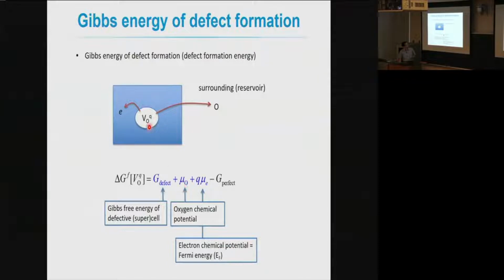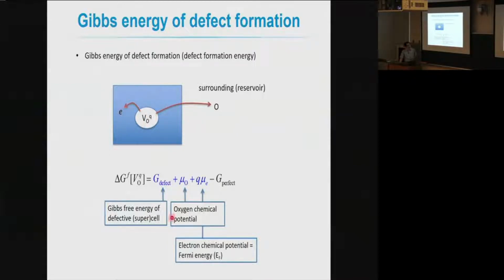And since you have moved q electrons to a certain environment, and the electron chemical potential is controlled by the Fermi level, you have to add up q times mu_e, right? So this blue part defines the Gibbs energy of this defective cell. Remember that you have to move the oxygen to the environment and also the electron to the environment.